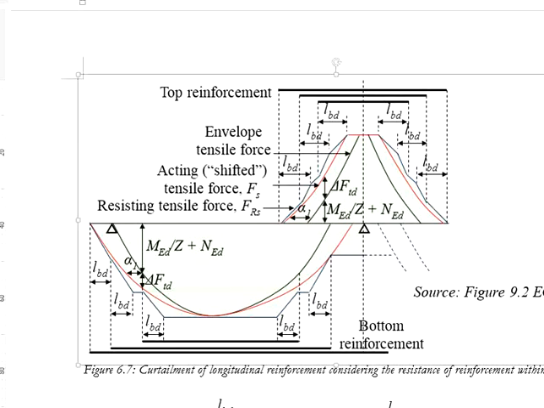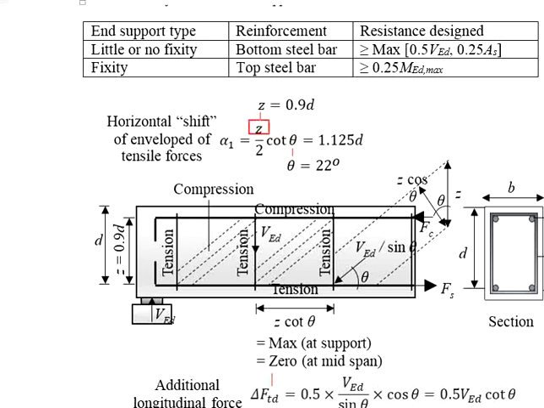So coming back to this, the Z here represents the section modulus of the beam section, and then the Z that you use to calculate the alpha 1 comes from the shearing model, which is assumed to be equals to 0.9 times the effective depth from the center of the reinforcement to the center of the reinforcement.